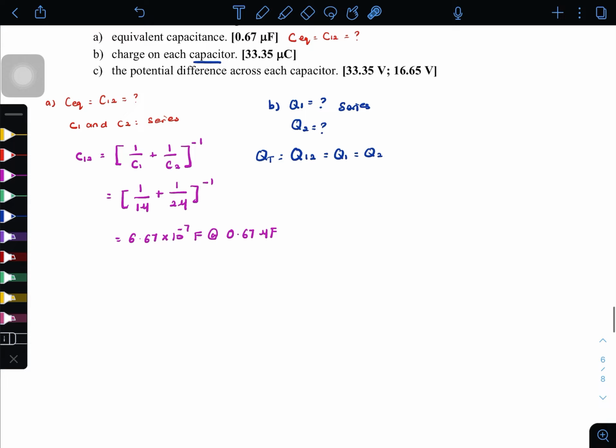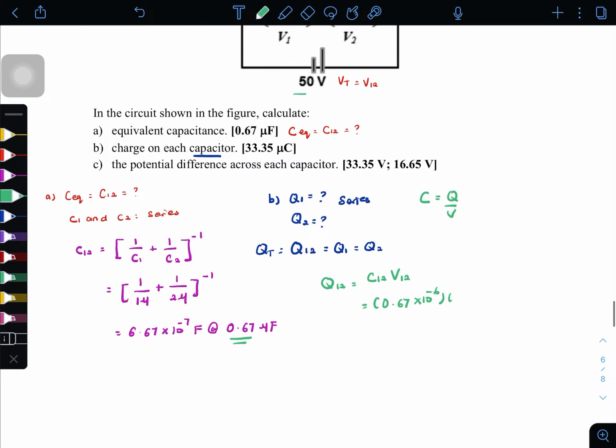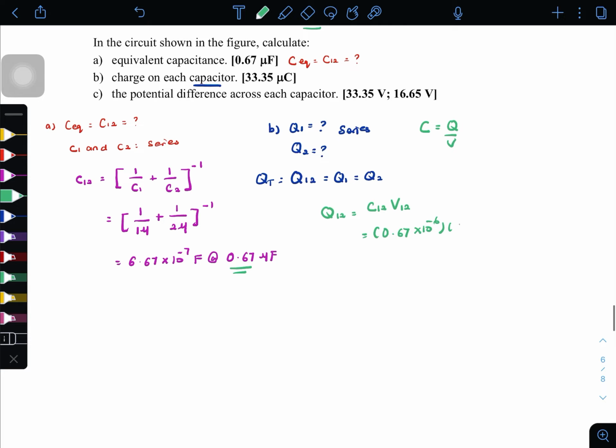Okay, so kita tahu we need to use the formula. Kita tahu kita ada formula C equals to Q over V. To find Q, Q12 is equals to C12 times V12. C12 kita ada 0.67 micro, 0.67 exponent negative 6, and V12 kita ada 50 volt.